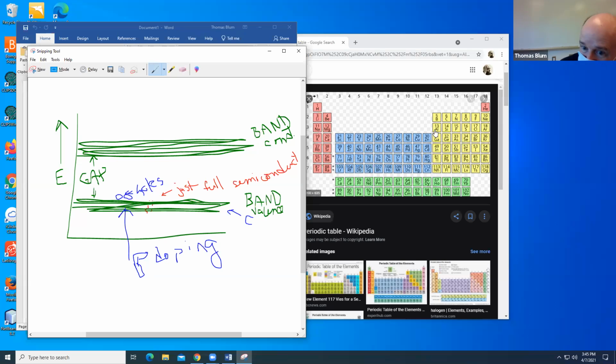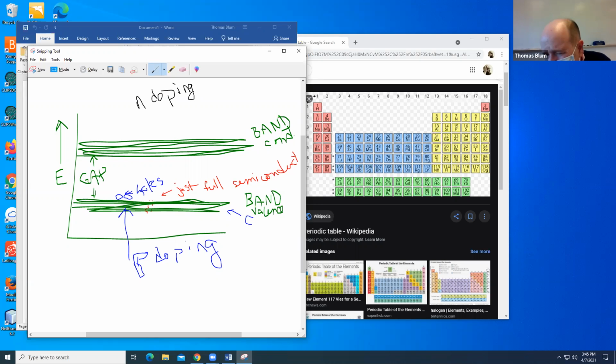It's some fewer electrons. It gives you some holes in the valence band, and then it gives you some conduction because things can move in and out of those holes. The opposite is n doping, which you grab from the other side, and then you have extra electrons.